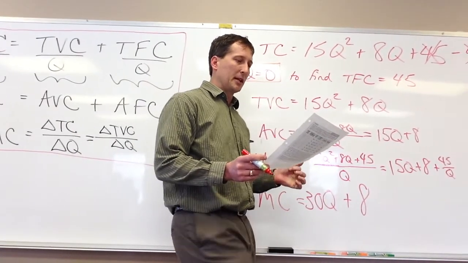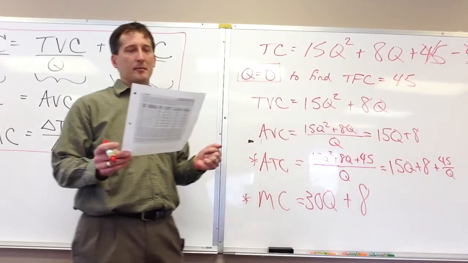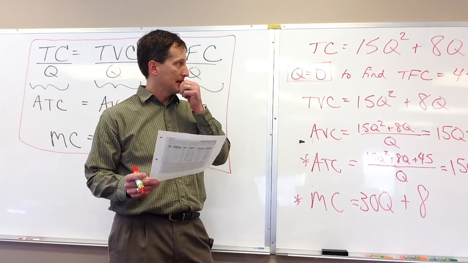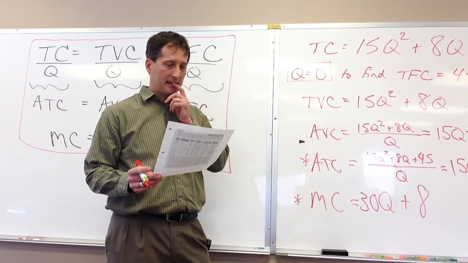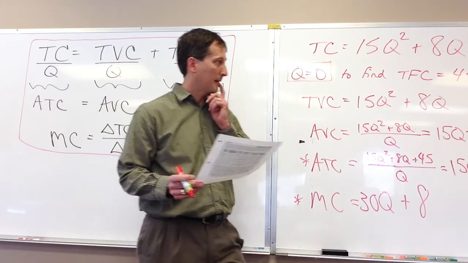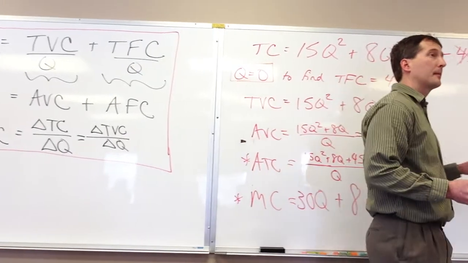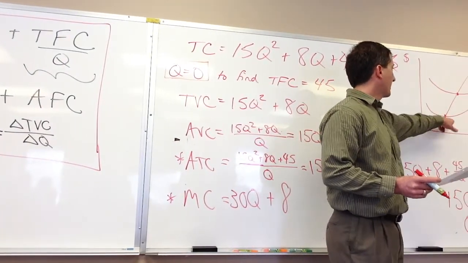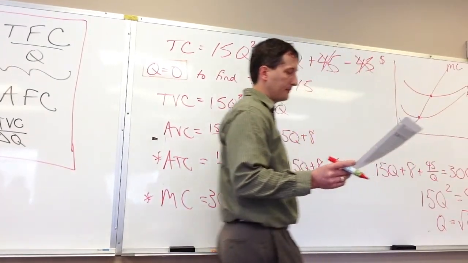Find the output level at which the average variable cost is minimized. What's that? Set them equal. Yep, same process.